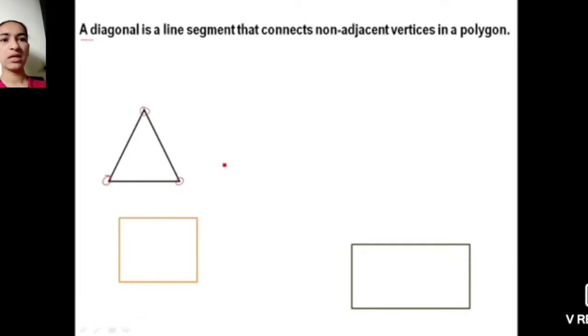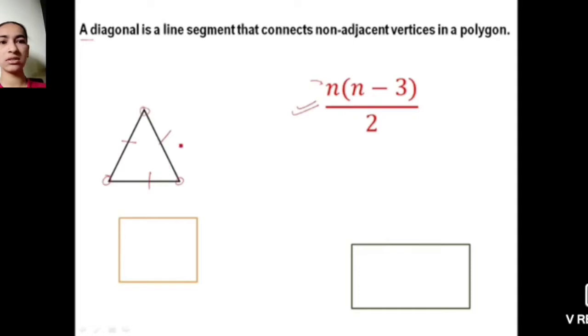There is one more formula for finding the diagonals in any polygon, that is n(n minus 3) upon 2, where n is the number of line segments. Now in the figure of the triangle, how many line segments are there? Can you count? Yes, there are 3 lines, 1, 2, 3, because the triangle has 3 lines.